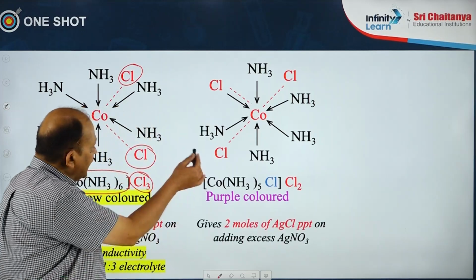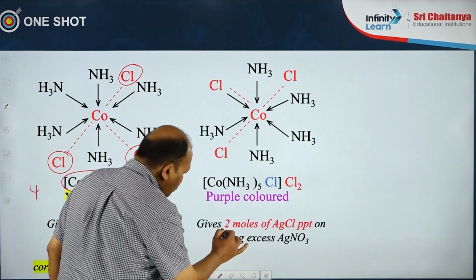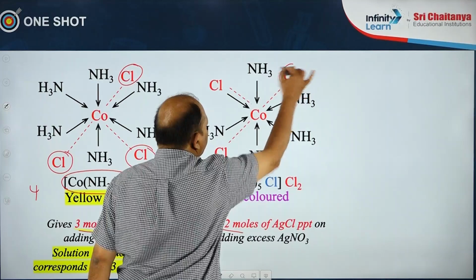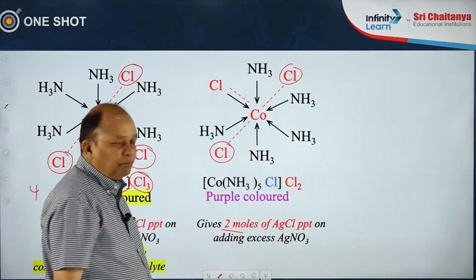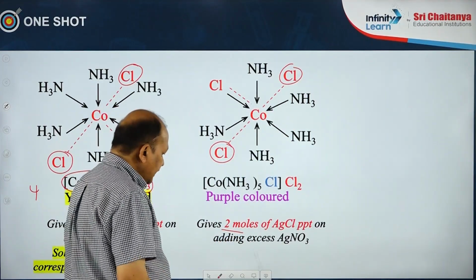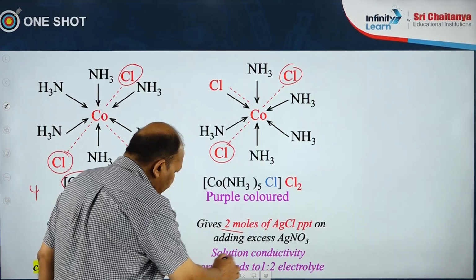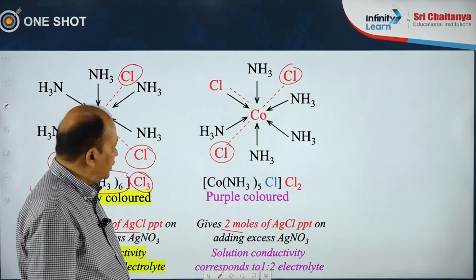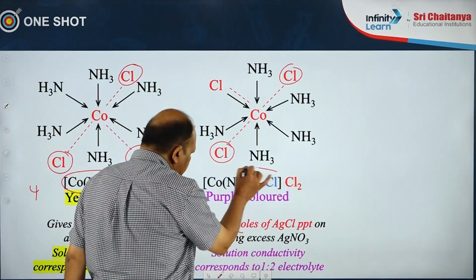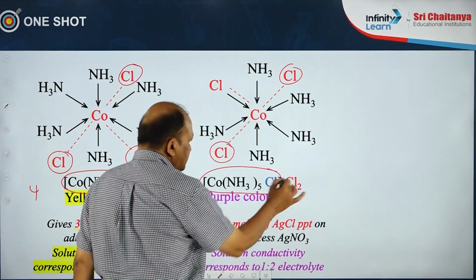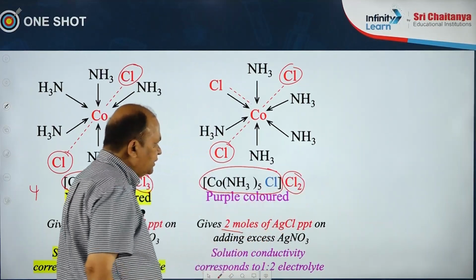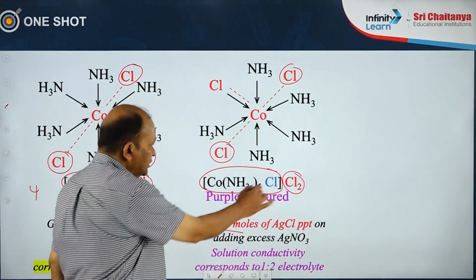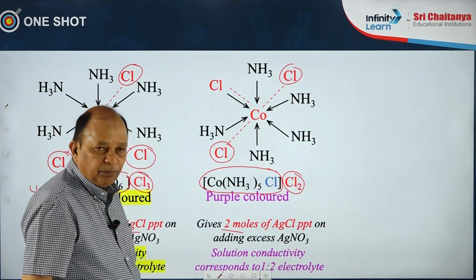Therefore, when we add excess AgNO3, only 2 moles of AgCl are precipitated, and the solution conductivity corresponds to a 1:2 electrolyte, because on dissolution in water 1 complex ion and 2 chloride ions are formed. This is how it is for the second complex.